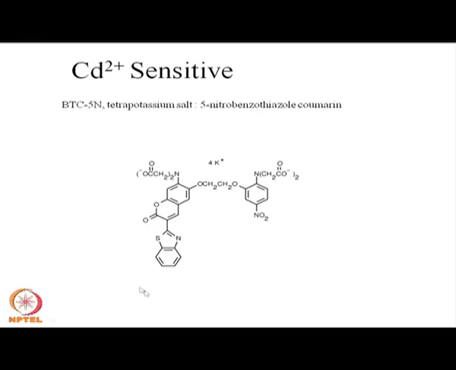So, this is the benzothiazole coumarin based system, and it has got good fluorescence, and it is very much selective to cadmium.